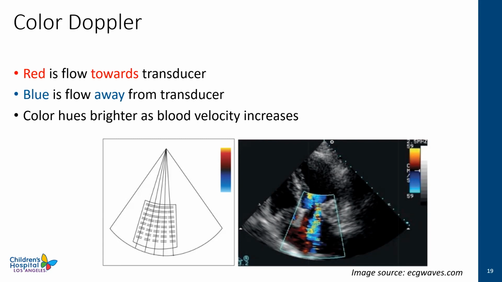It is also limited by the Nyquist limit, even more so than your pulse wave Doppler. And so if your velocity exceeds this Nyquist limit, then aliasing is going to occur. And that means the signal changes color. So the blue becomes red and the red becomes blue.